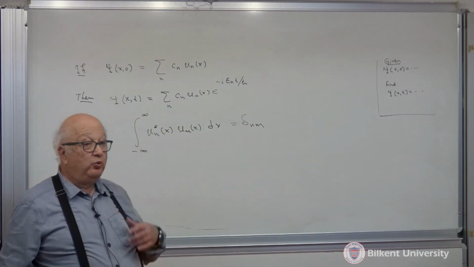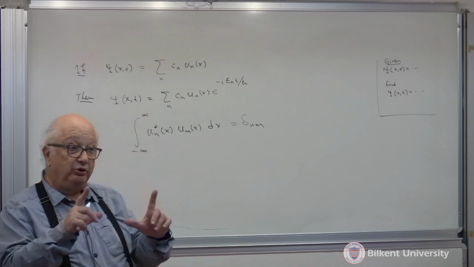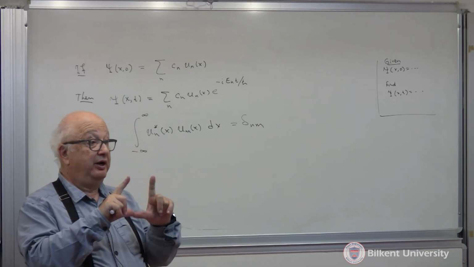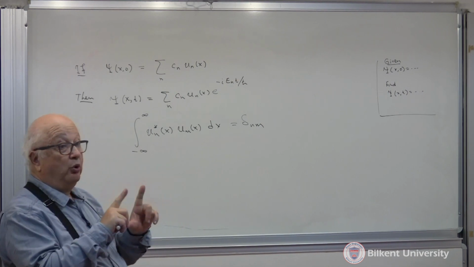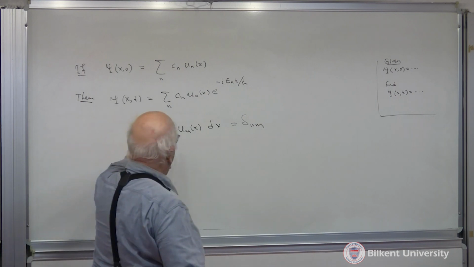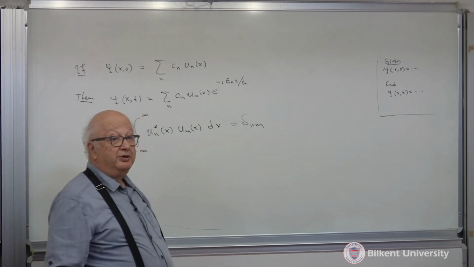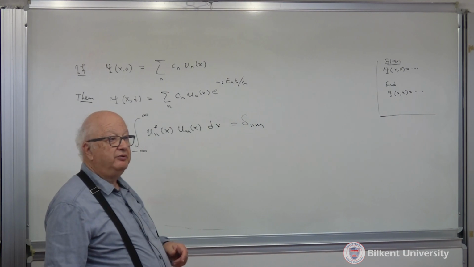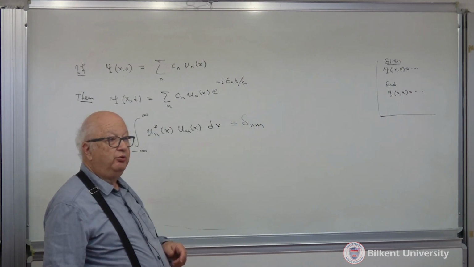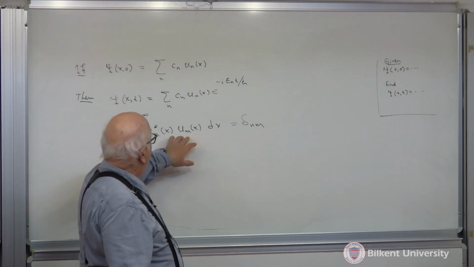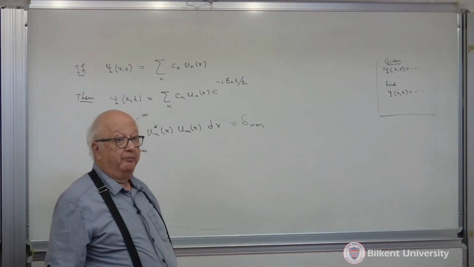So no matter what H is, we looked at a certain particular H, which was particle in a box with infinite walls, and we got those sine functions, and they are orthogonal to one another, so they form an orthonormal set of functions with which you can do expansions. But this is true for any un and um.